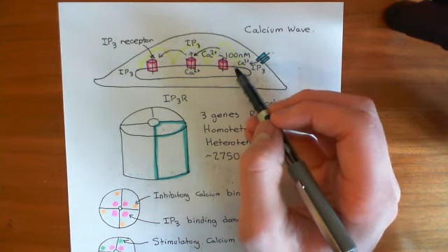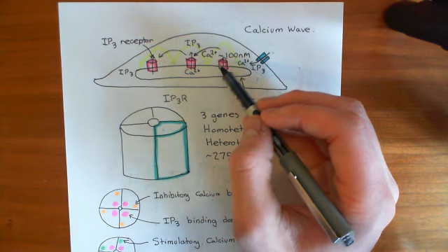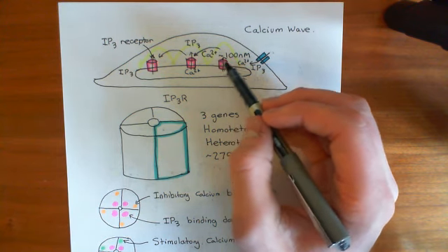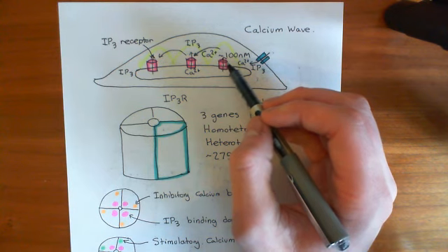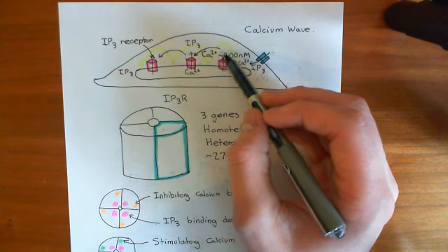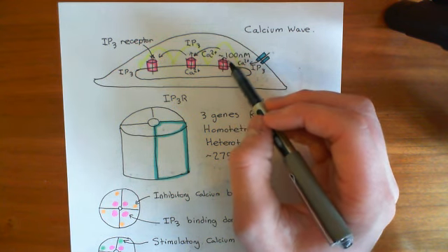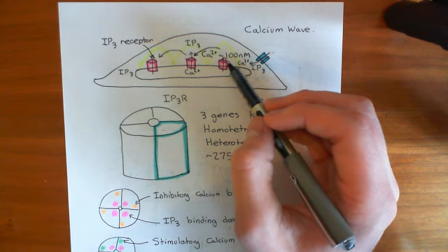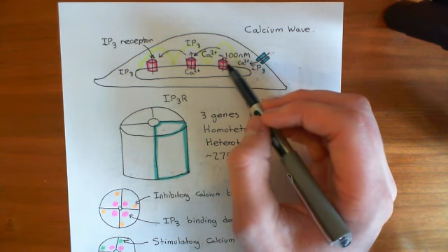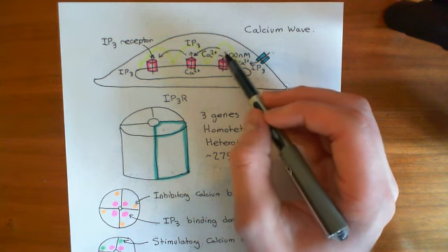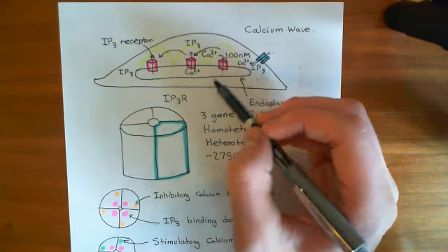Now, it's a little bit more complicated than what I've described so far, because although calcium initially activates these IP3 receptors, when calcium concentration gets very, very high in the vicinity of an IP3 receptor, the calcium starts having a negative feedback effect. This is not very well understood, but the calcium blocks the IP3 receptor from working once it gets to a high enough concentration in the vicinity of the IP3 receptor.